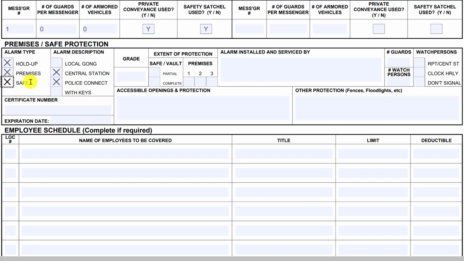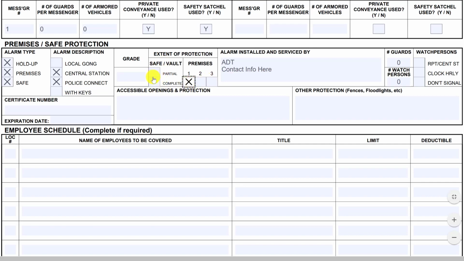And then in the event that we have a safe, there should be a safe alarm. Okay, so again, the grade of the alarm, this is all going to be answered by the alarm company. So we're just going to say it's serviced by like ADT, and there's going to be address information here, contact info here. There are 0 guards, 0 watch persons. Okay. If there was any information, you just fill that out there. And we've just got 1 premises.